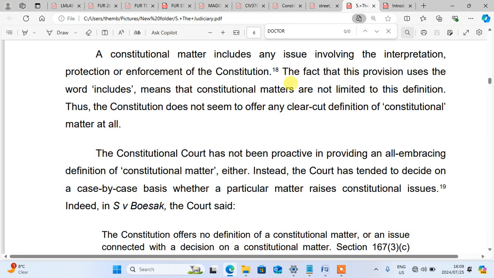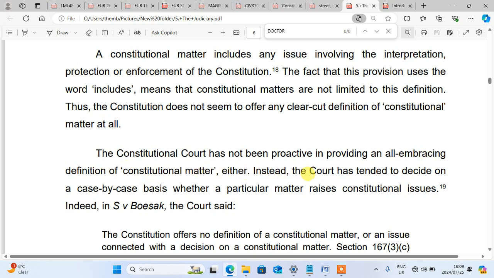Seedorf argued that the fact that this provision uses the word "includes" means that constitutional matters are not limited to this definition. Thus, the Constitution does not seem to offer any clear-cut definition of constitutional matter at all. The Constitutional Court has not been proactive in providing an all-embracing definition of constitutional matter.